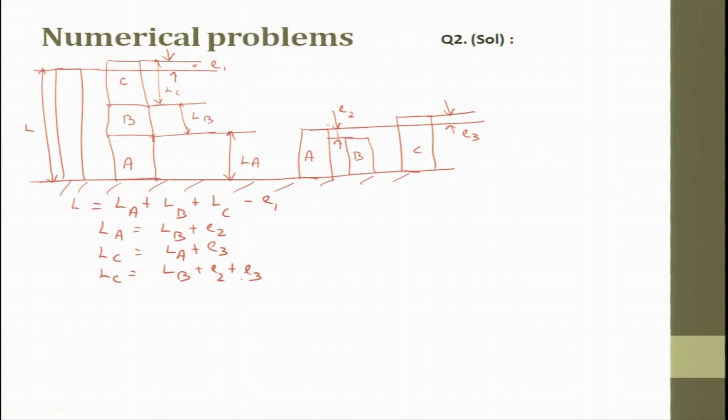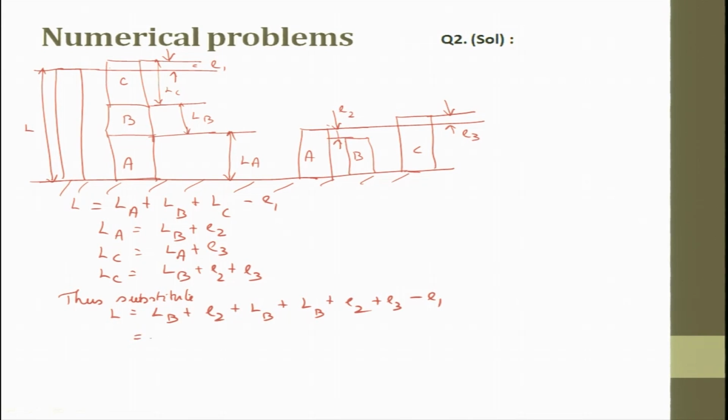Okay. Now, when you substitute each and do all those things, what we get is L equal to LB plus E2 plus LB plus LB plus E2 plus E3 minus E1.